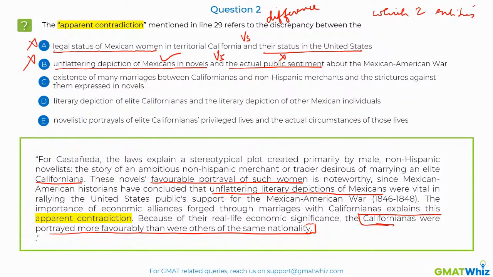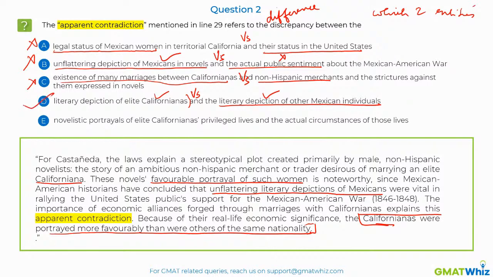C: existence of many marriages between Californianas and non-Hispanic merchants. No, that's totally off. D: literary depiction of elite Californianas. Okay, so this part is fine. Versus literary depiction of other Mexican individuals. Absolutely. Novelistic portrayals.